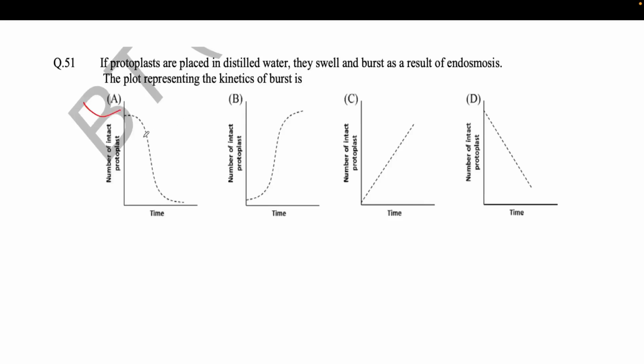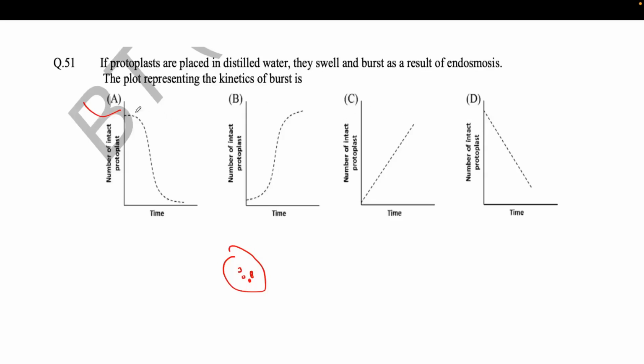Why? Because in this plot the x-axis is time, and the y-axis is the number of intact protoplasts. In any population there will be a certain number of cells or protoplasts only. Once you add them into the distilled water, they do not burst immediately, it will take some time.